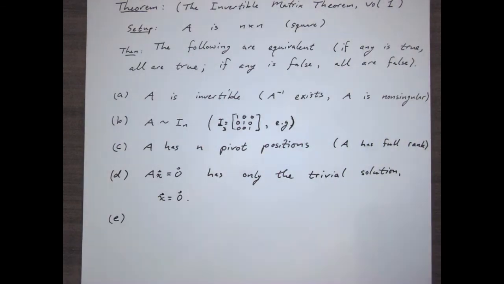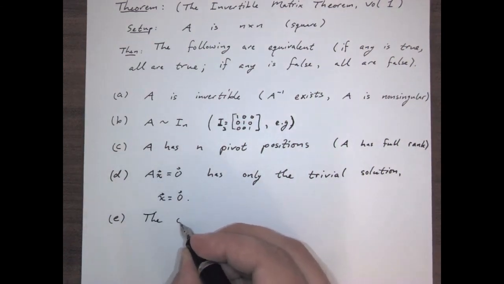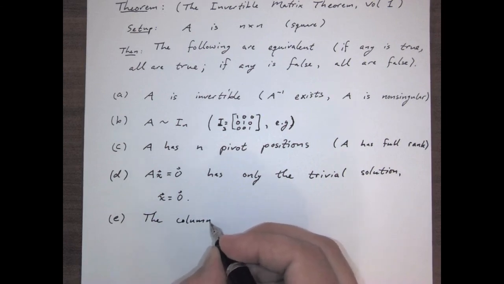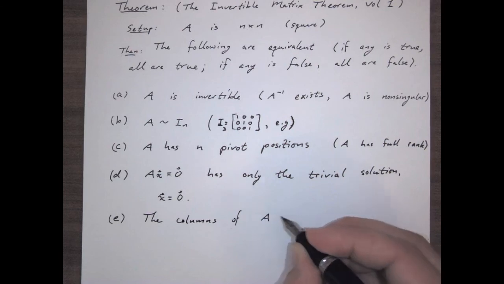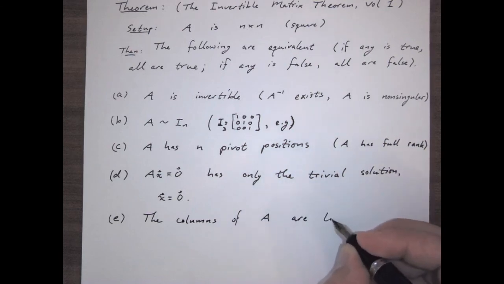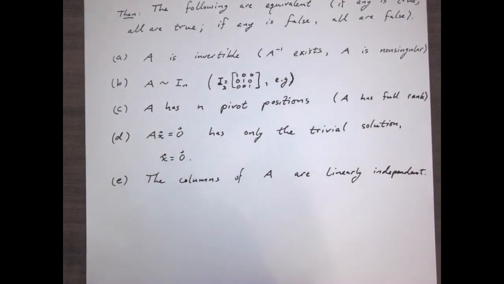So this means that the columns of A are linearly independent.